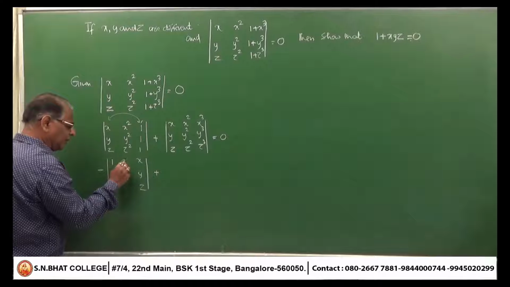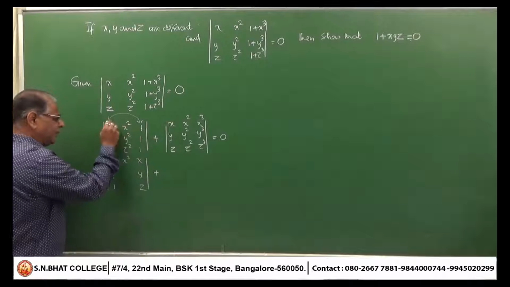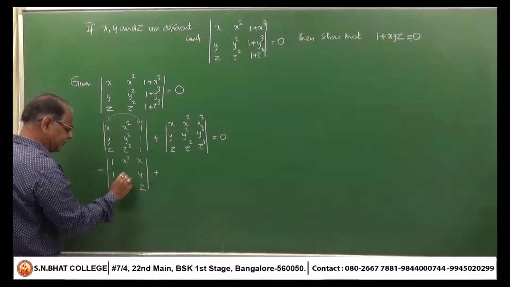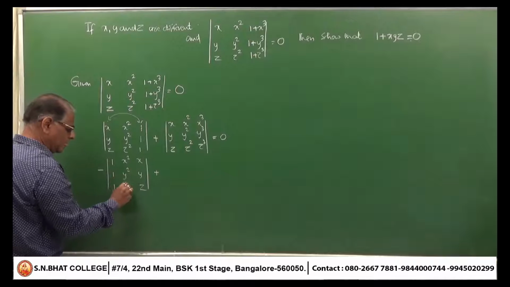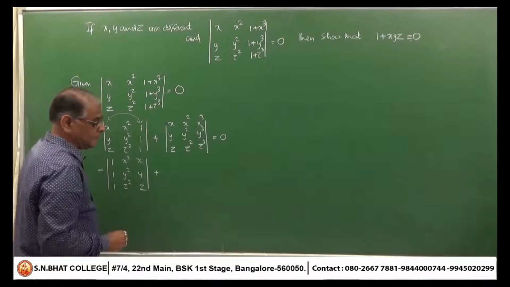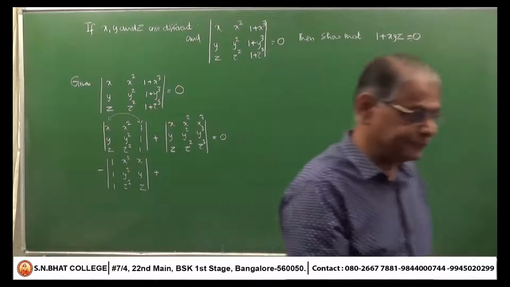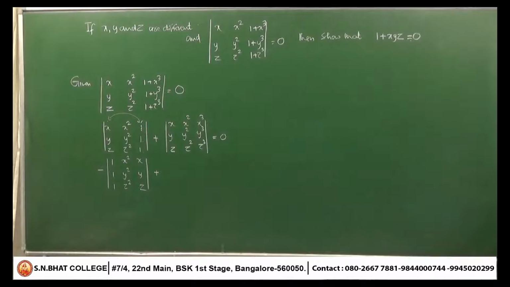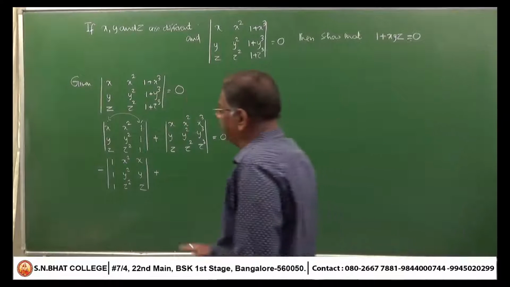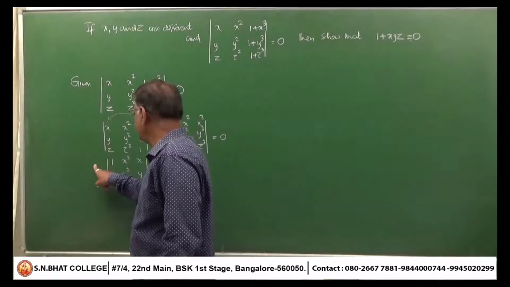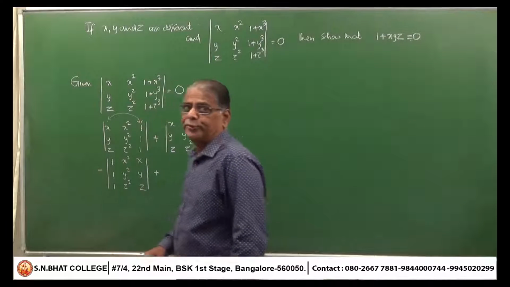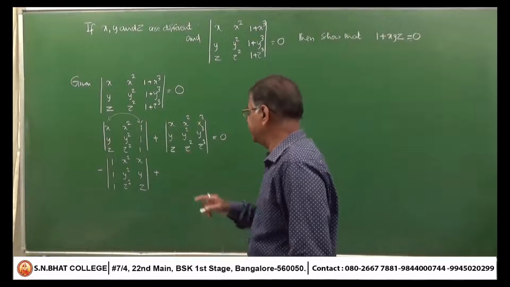I'll write the second column as it is. I interchange first and third, so the determinant changes its sign. From property 2, interchanging any two rows or any two columns, the determinant changes its sign.